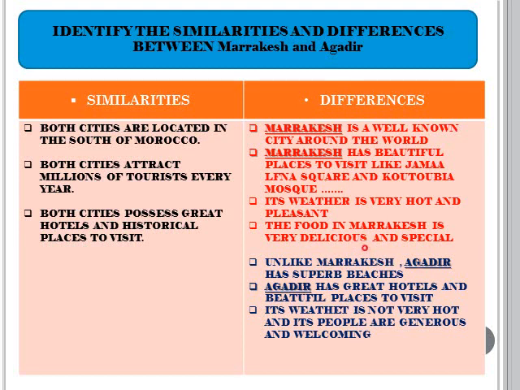Now let's move on to talk about Agadir. Here you noticed, unlike Marrakech, Agadir has superb beaches. You see, it has stunning beaches. Agadir has great hotels and beautiful places to visit, like for example the zoo of crocodiles, at the entrance of Agadir.